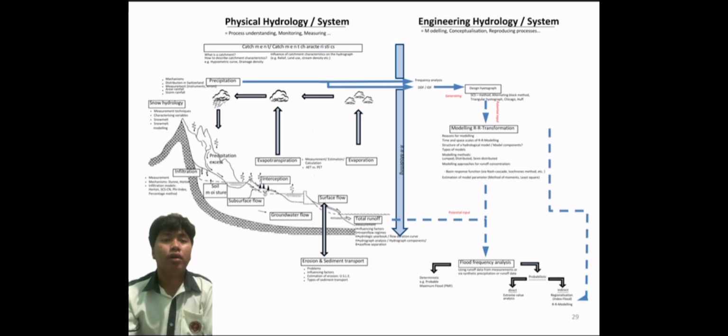and rainfall-runoff transformation, rainfall-runoff routing. This is choosing the type of model, lumped, distributed, or semi-distributed, defining the structure, time or space scales, basin response functions, estimating model parameters using statistical methods, method of moments, least squares.